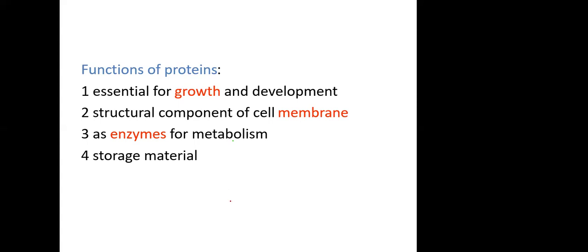if there was a mutation, if you remember the case of sickle cell anemia, instead of forming glutamic acid, valine was formed, and valine is insoluble and resulted in the red blood cells crystallizing at low oxygen concentrations. So you can see how important some of these acids are.